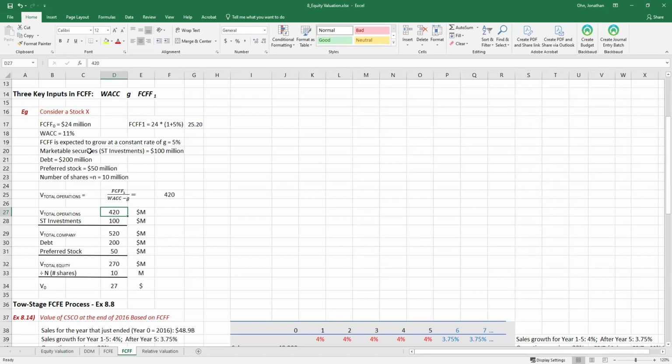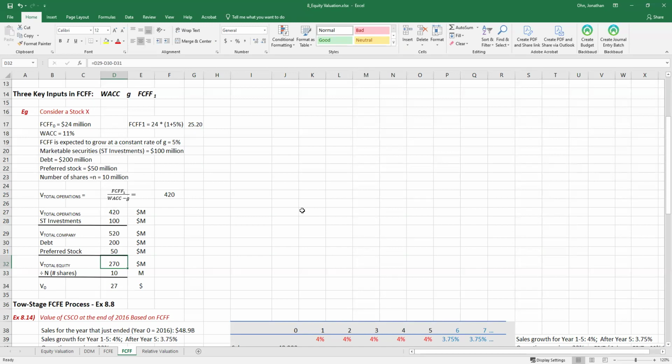And then we have short-term investments. That's our asset, right? Add that and we get 520 million. And we have debt obligation of 200 million, subtract, and preferred stock obligation of 50. So the remaining value is $270 million. It is the total equity value.